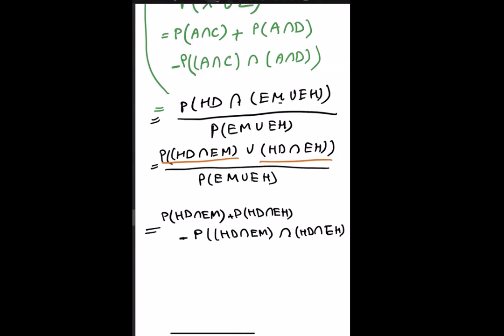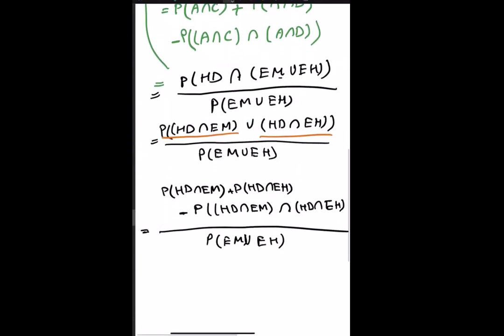Since I did not have the space to write it in one line, I wrote it in 2 lines. So this divided by probability of EM union EH. Okay, now let's calculate the numerator.